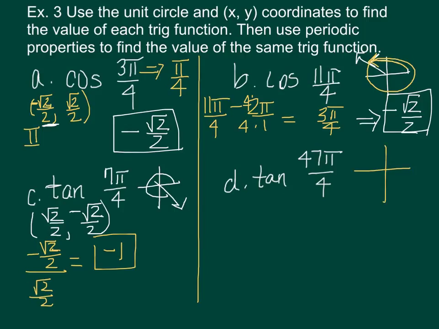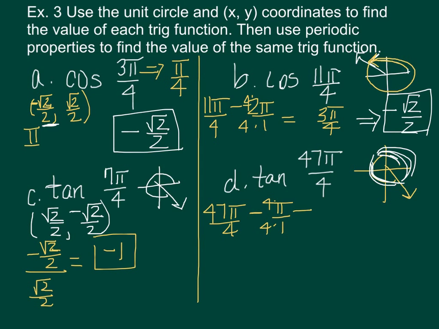47 pi over 4 can be found by doing a period of pi units. So every pi units, so from here to here, from here to here, and you just keep repeating. And what's going to happen is you're going to do 47 pi over 4 minus 1 pi, or 4 pi over 4.